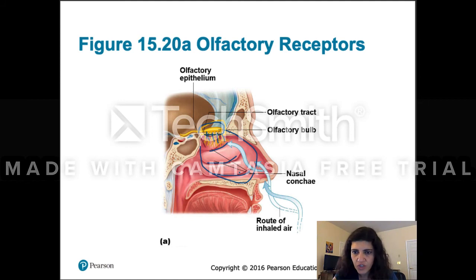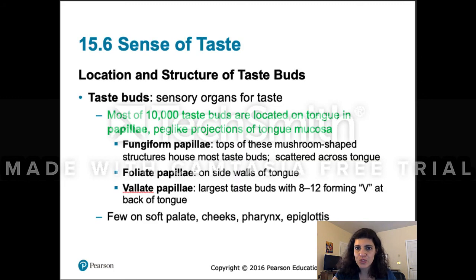The nasal conchae are all these little invaginations in your nasal cavity. The air goes through a turbulence and is able to reach the olfactory epithelium that is all in the top here before the air goes down. That's how you're able to smell. There are 100 different odorants, and we have 400 smell genes active in our nose.